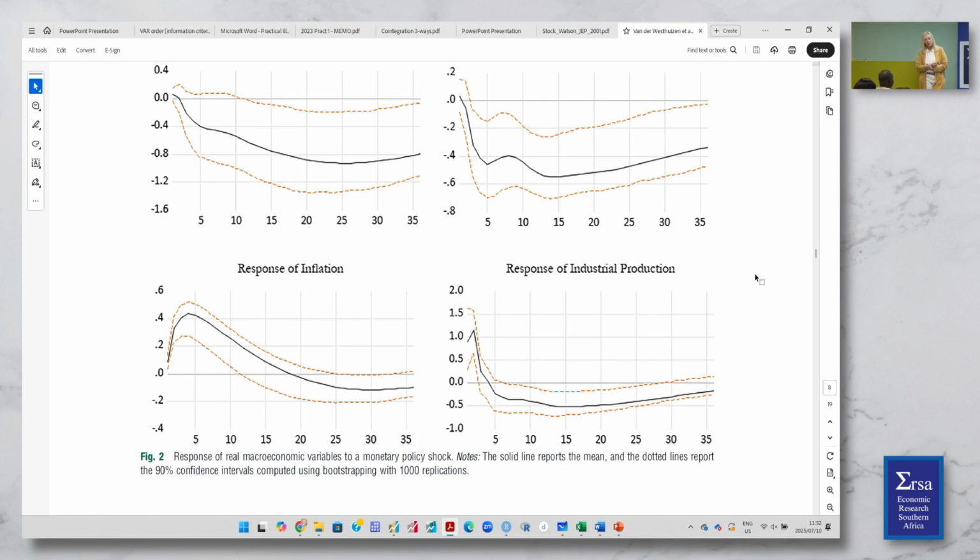Industrial production, we don't have monthly GDP, so we often have to work with industrial production, which is the output of the manufacturing sector, but we don't have such a strong manufacturing sector. We're much better in services and to some extent also the primary sector. That's where our strength lies and our growth comes from. So this is always a limitation in the work that we do. For other countries, it may be less of a limitation.